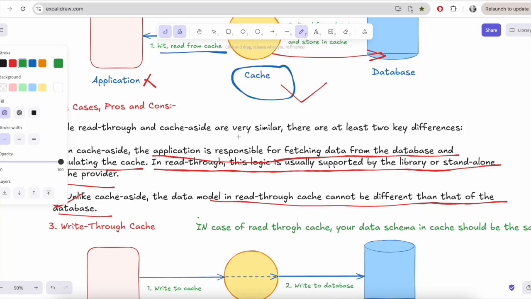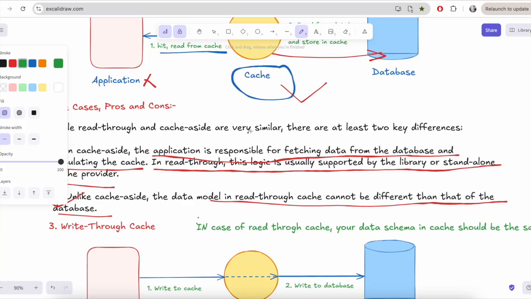I'm not going to the store to get the milk; as it's a smart fridge, it will simply order it and stock it. So here I'm not the one doing it, just as the application is not the one getting the data from the database.